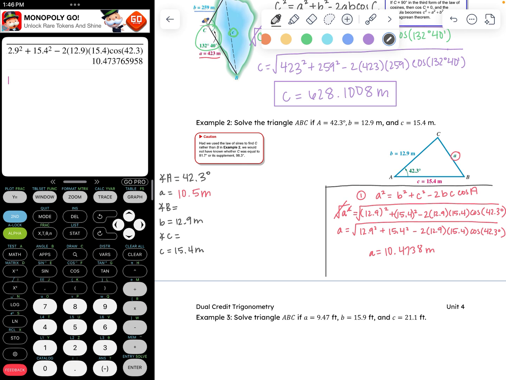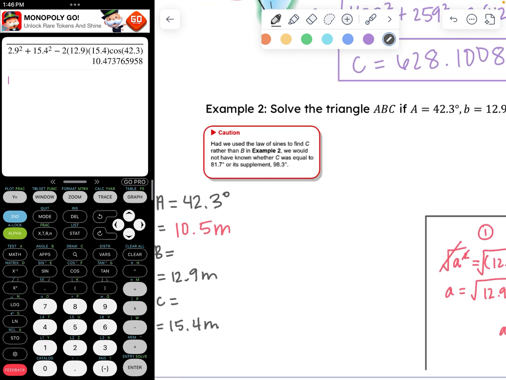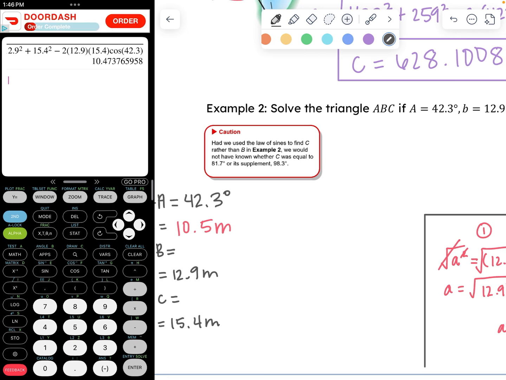What I do from here is I look at my angles that I'm missing, angle B and angle C, and I find the one that has the smallest side length and start with that. So B is the smallest side length, so I'm going to start with angle B. And that also has to do with the caution box that I have right here. It says, had we used the law of sines to find angle C rather than angle B, you could get two different possibilities.